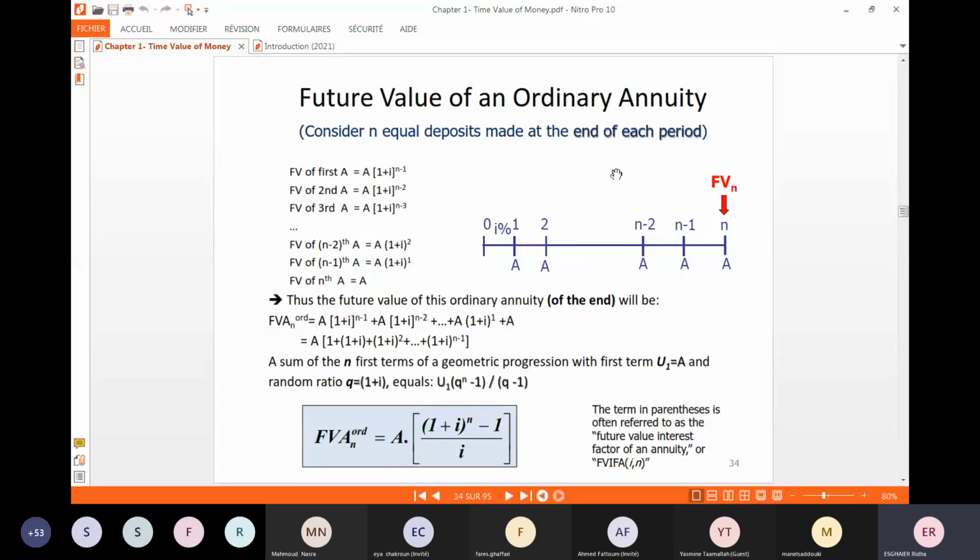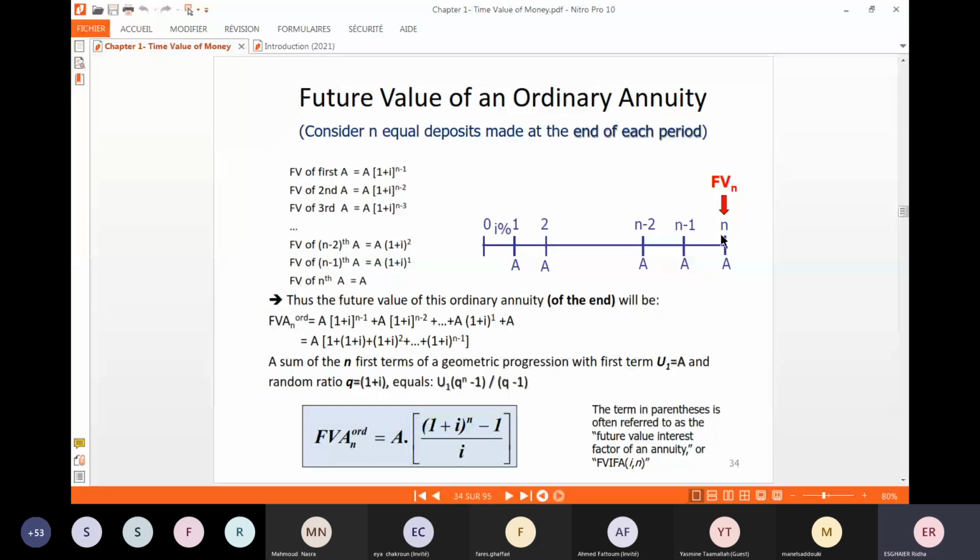So let's take the first A, deposited at the date 1 until the date n. What will be its future value at the date n? It would be A times (1 plus i) power the number of periods of interest. From 1 to n, we have n minus 1 years. So it will be power n minus 1.